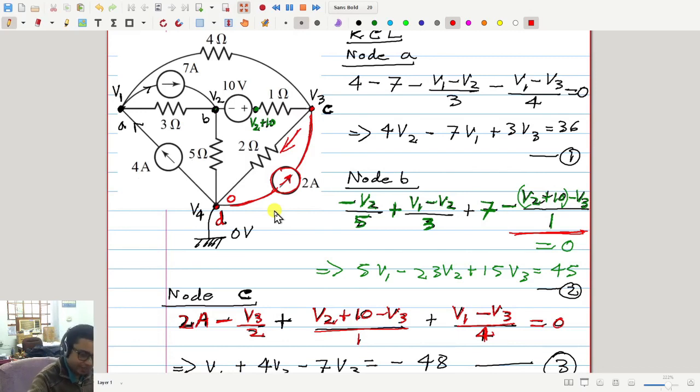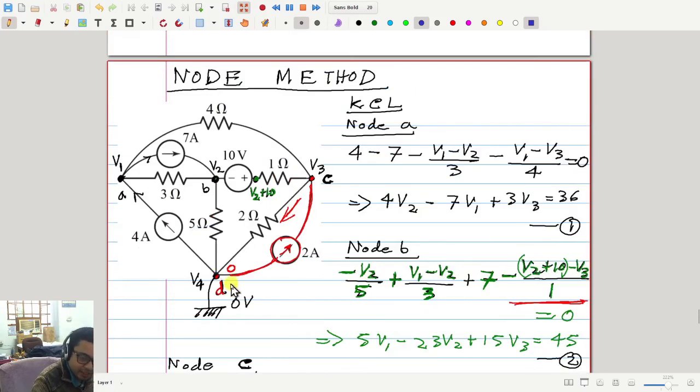So the values of V1, V2, V3 that we are getting, and the values in the actual circuit, may be different. But how may they be different? There may be a constant offset. For example, let me tell you this way. So we got this.